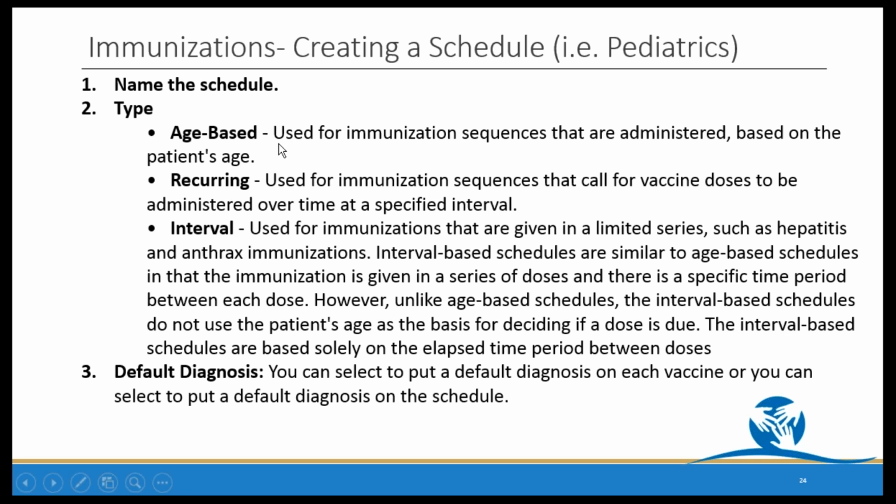Again, I listed the different types of schedules: age-based, recurring, and interval. So when you get off this training and go to start doing something next week, this gives you a little bit of information about each one of the schedules.